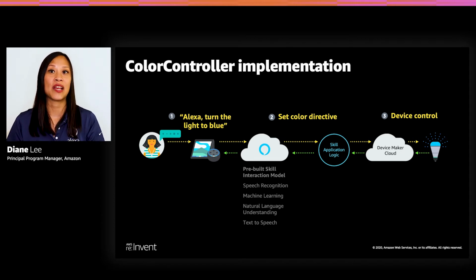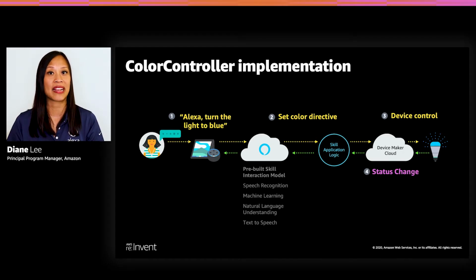So in this case, Lighthouse Inc. will change the light to blue. Lighthouse Inc. will then send a response back to Alexa confirming that the light has changed in a response payload, and then Alexa will respond back to the user.